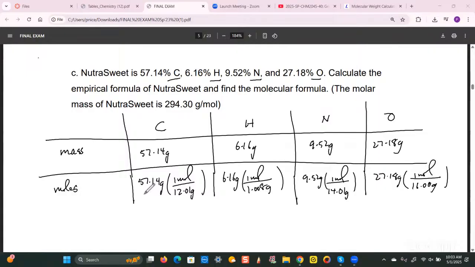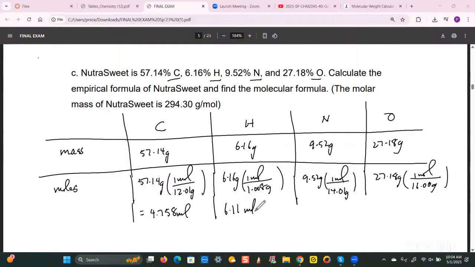Okay, so let's work out each of these. Starting with the carbon, 57.14 divided by 12.01. According to my calculation, rounded off to 4 sig figs, that gives 4.758 moles. In the case of hydrogen, 6.16 divided by 1.008 gives 6.11 when rounded off to 3 sig figs.